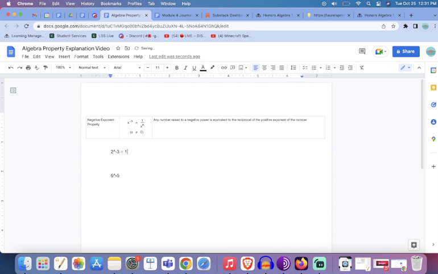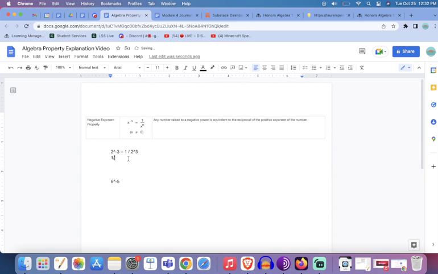It equals 1 over 2 to the power of 3, because we made the negative positive and we put it as the denominator since it's reciprocal.